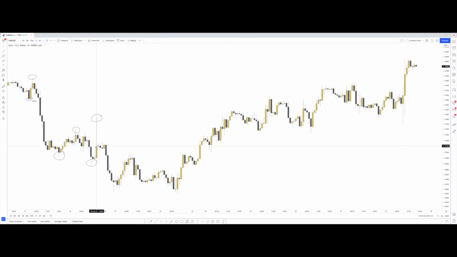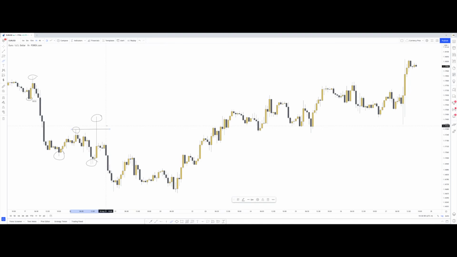What the wicks mean is that at one point buyers were in control, but then they failed and sellers took control, so the market kept pushing to the downside. So although these are highs and lows within the market because it shows where price has been, I don't actually classify it as a break of structure. So if I saw this happening in real time, I would not just switch my bearish sentiment to bullish and start looking for long positions.